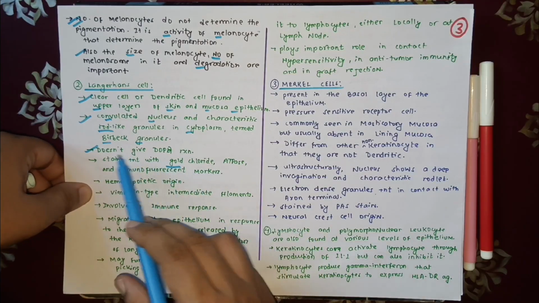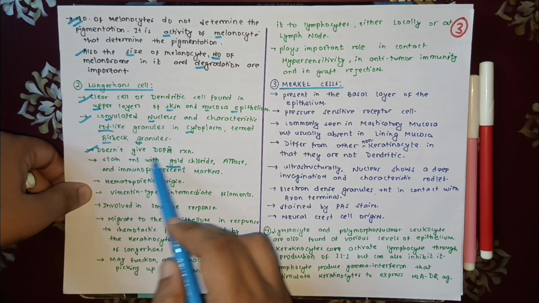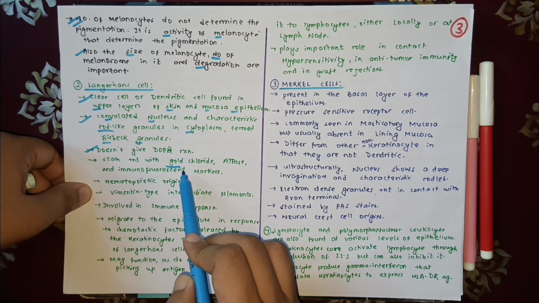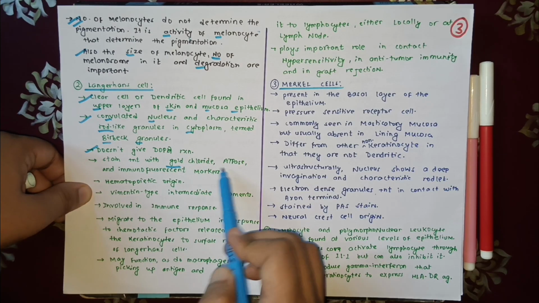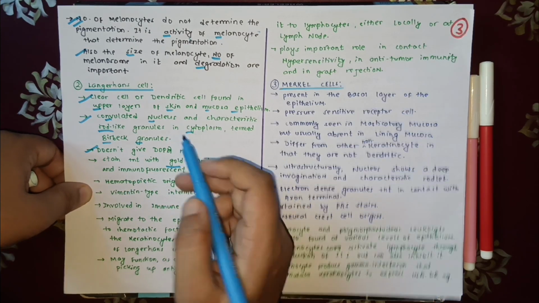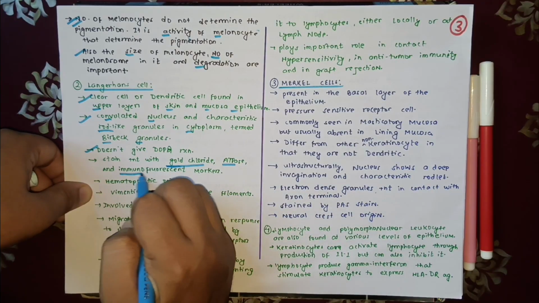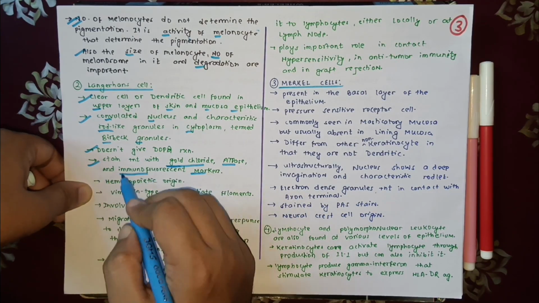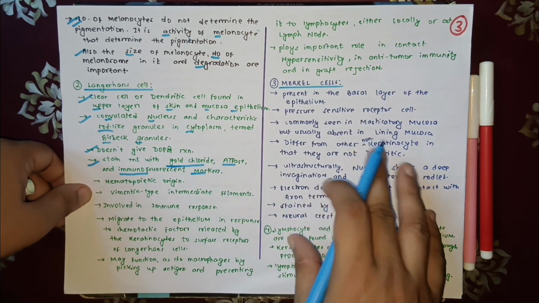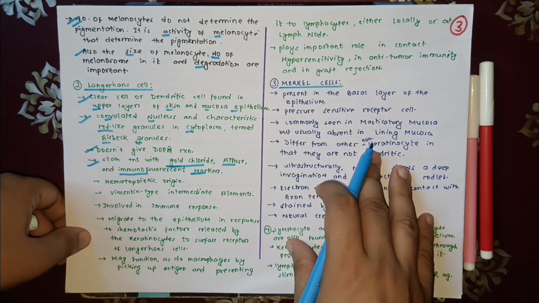The Langerhans cell is not stained by the DOPA reaction, but is stained with gold chloride, ATPase, and the immunofluorescent marker. I will underline this, as it is very important.